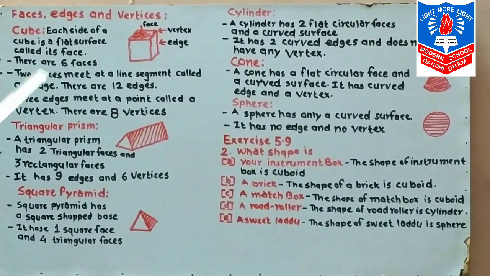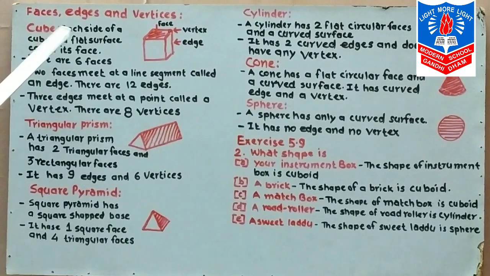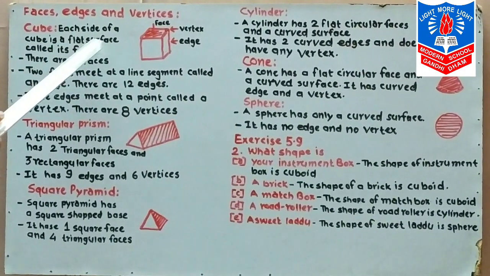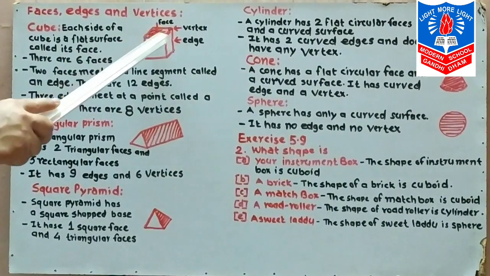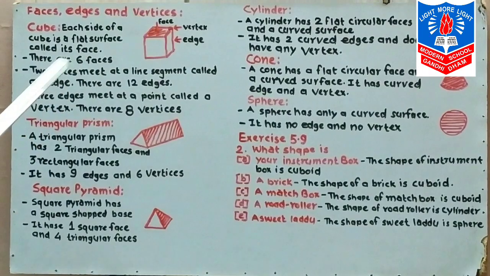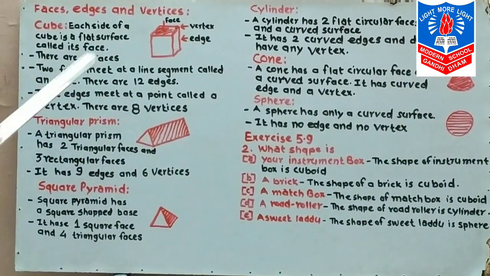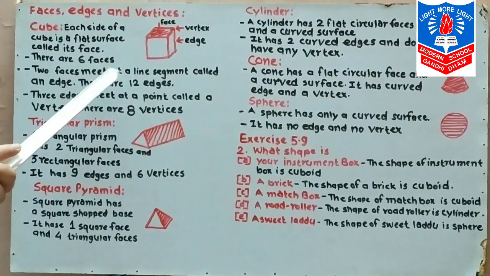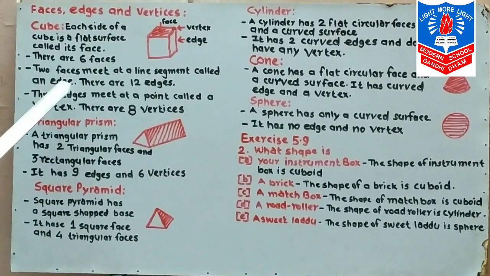Yes, let's understand the cube. What is the cube? Each side of a cube is a flat surface called its face. Here is its face. There are 6 faces in a cube. 2 faces meet at a line segment called an edge.